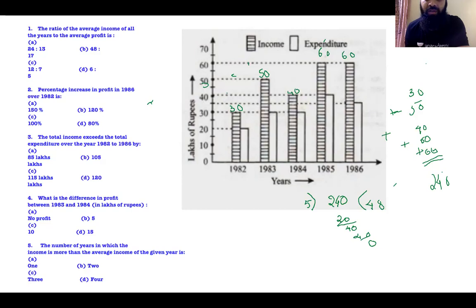So the question is about, where is the 40 lakh? Just a minute. How many cases are there where the income is more than 40 lakhs? So if I look at it, I get 3 cases.